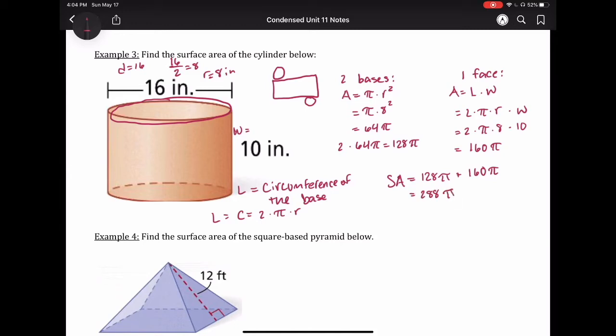So when I multiply 288 times pi, and I'm again using the pi symbol, that gives me a surface area of about 904.78. We're in surface area, our unit is inches, so I have square inches.